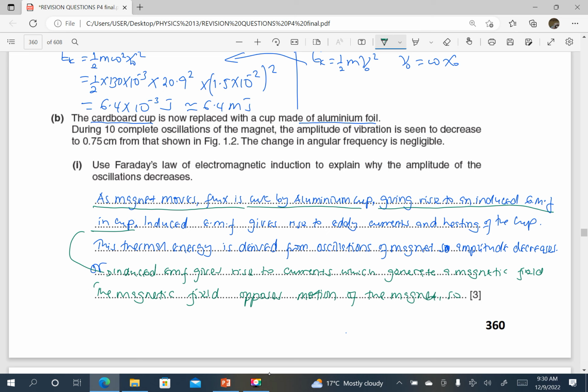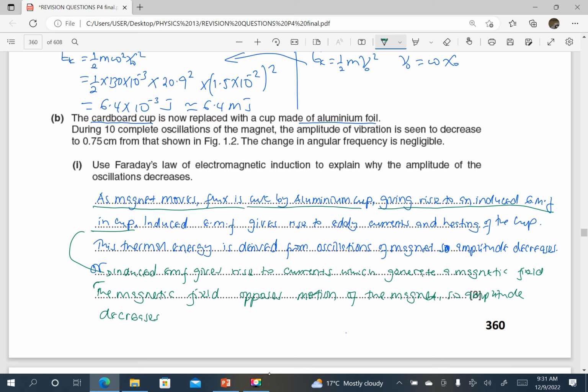So the amplitude decreases. So this is another way of looking at it: the induced EMF gives rise to eddy currents, which generate another magnetic field. Of course, the generated magnetic field, according to Lenz's law, is going to act to oppose the change causing it, which is now the motion of the magnet. So the amplitude will decrease.